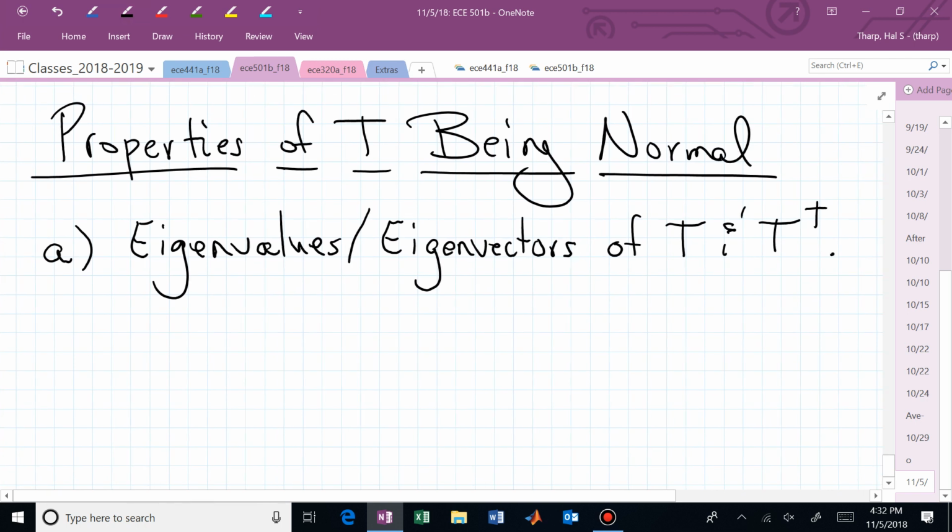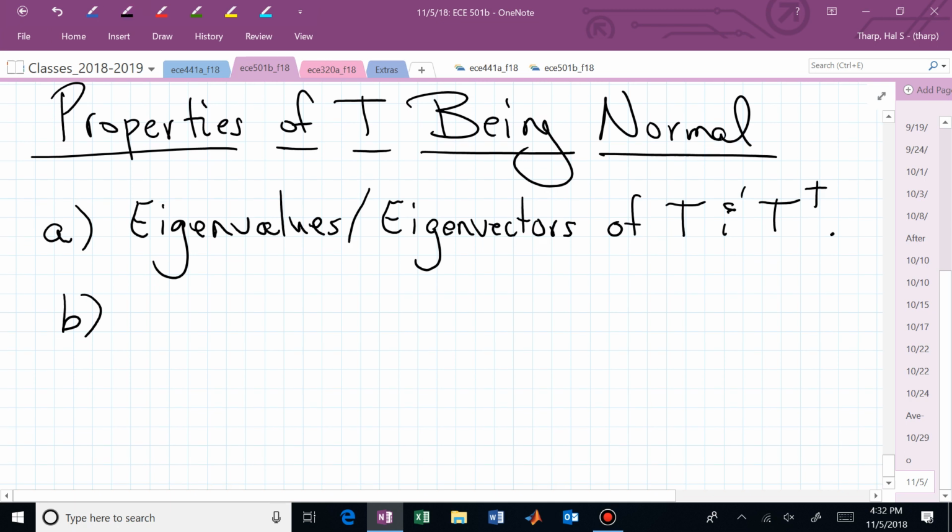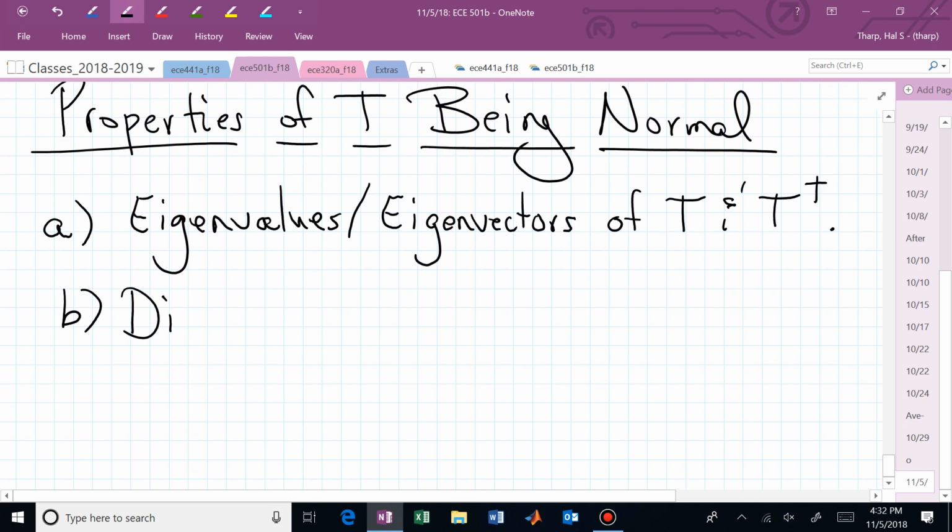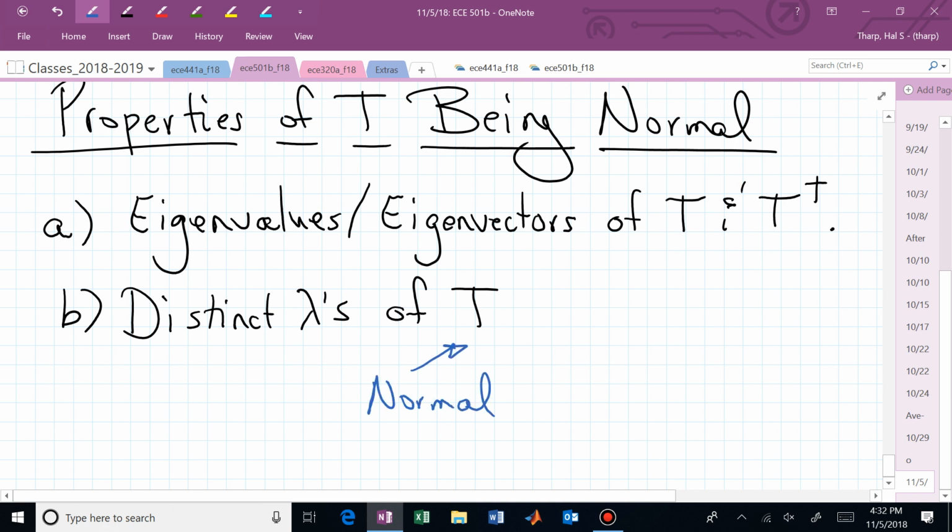And we'll also look at a second property, which is when we have distinct eigenvalues of T. And here we're assuming that T is normal. That was the title, properties of T being normal. So we're assuming that T is normal, and now if we have distinct eigenvalues, then that will imply that we have orthogonal eigenvectors.